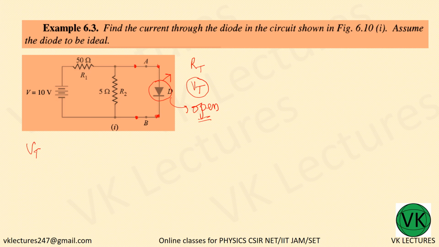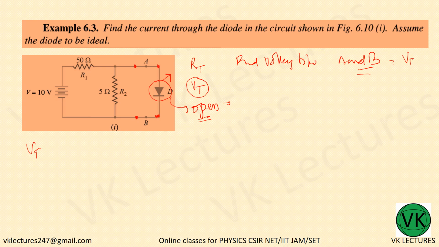If it is a transistor, remove that transistor. If it is a capacitor, remove that capacitor. Keep it open, and across that two terminal, find out the voltage between A and B. That will be our Thevenin's equivalent voltage.